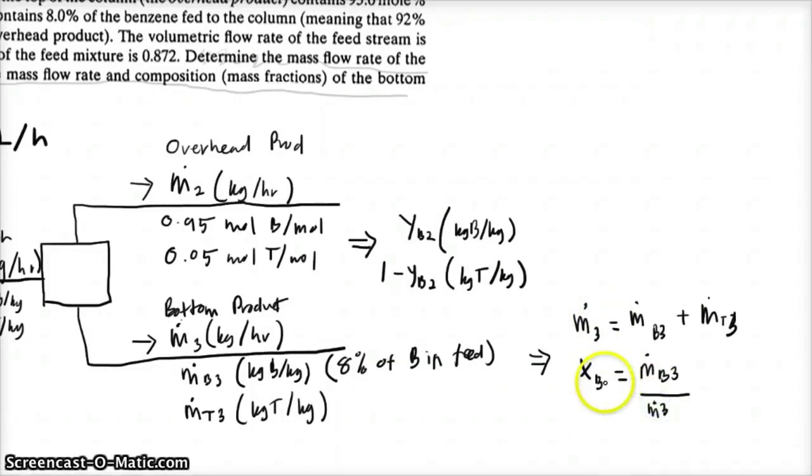Well, the mass fraction of toluene in the bottom product is, since the overall is 1, 1 minus xb, equal to xt3.